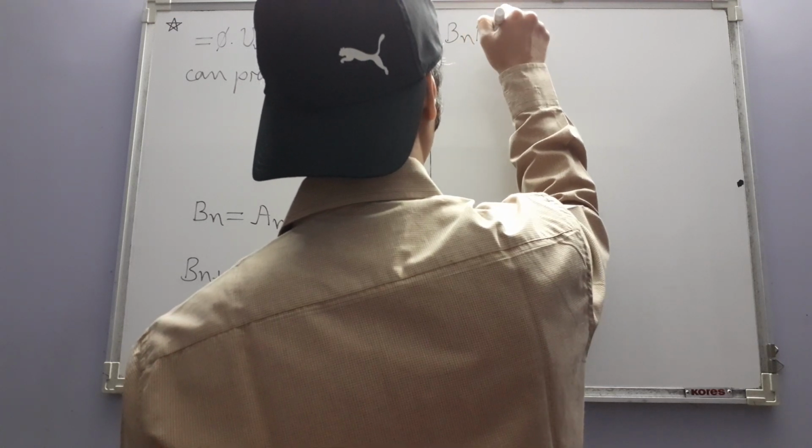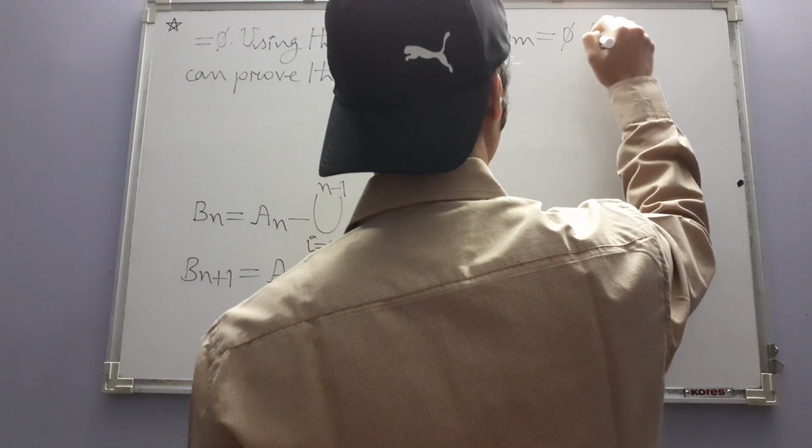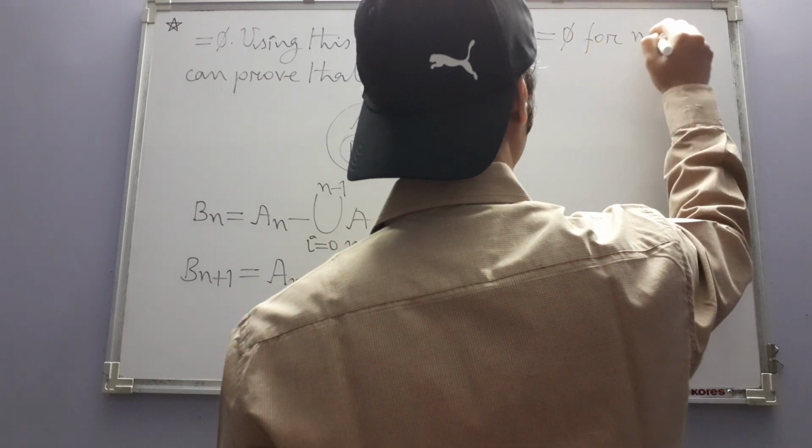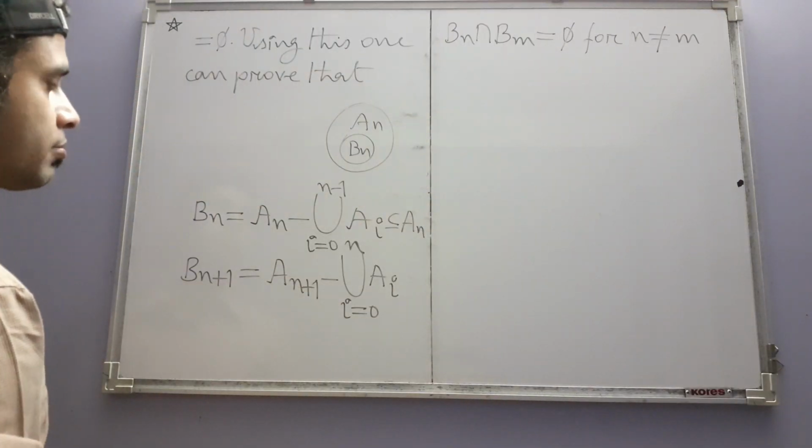Bn intersection Bm is the empty set for distinct natural numbers n and m.